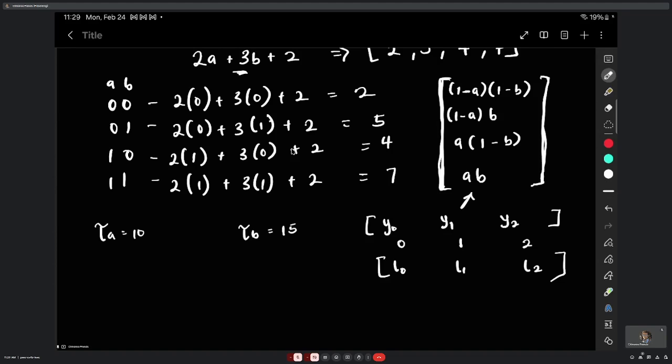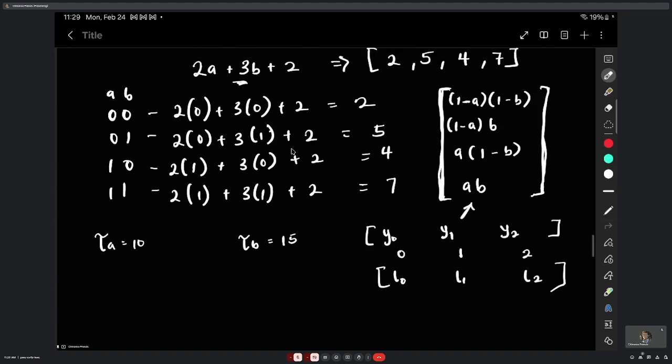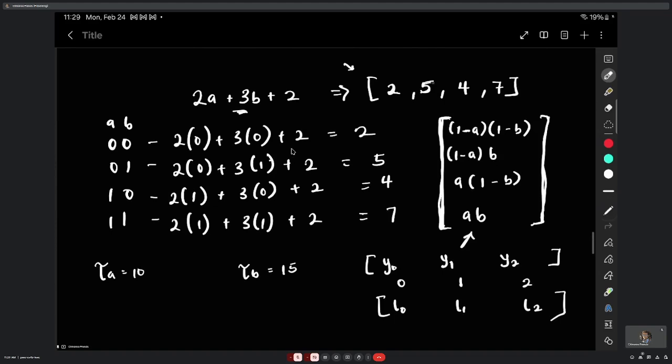But you can still think of it as Lagrange, because in that case y0 and the rest are our y values. And what is Lagrange? The summation of y times its Lagrange basis. So these are basically the Lagrange basis values.